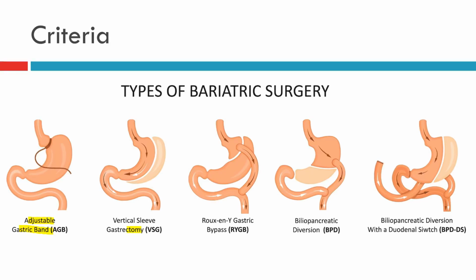Then Roux-en-Y gastric bypass, which looks like a Y, that's why it's called Y gastric bypass. Next one is biliopancreatic diversion, and the next one is biliopancreatic diversion with a duodenal switch. You can see here like this.